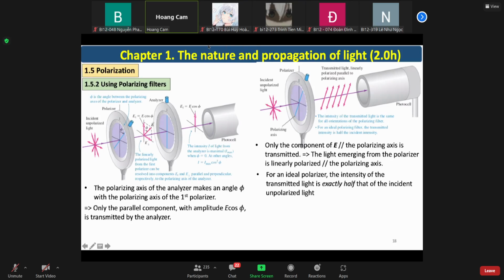But compared with electricity and magnetism, I think it is comparable, because the previous part was a lot. Would you like to stop the class now? Okay, we will stop the class now. I see.